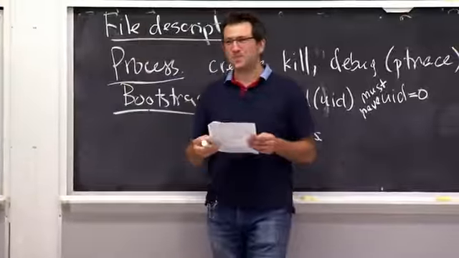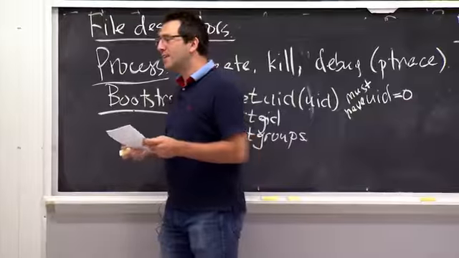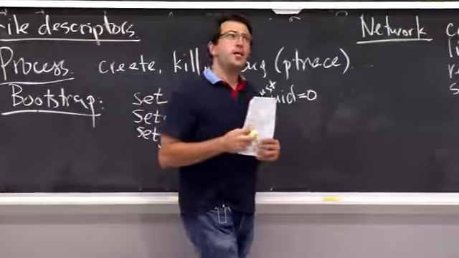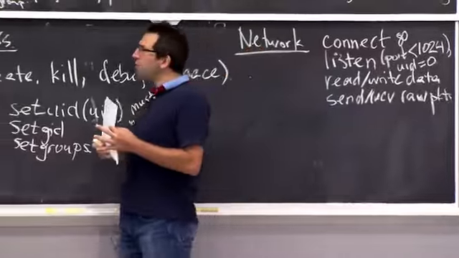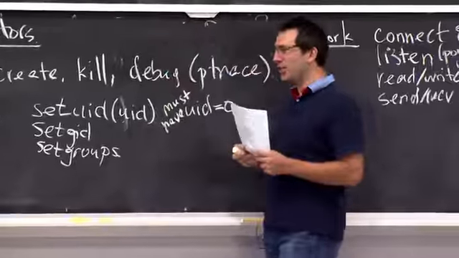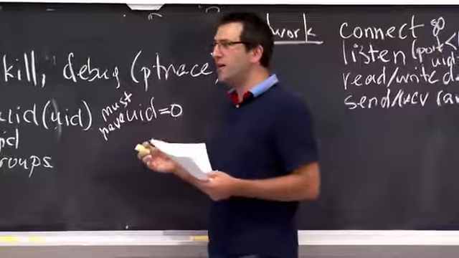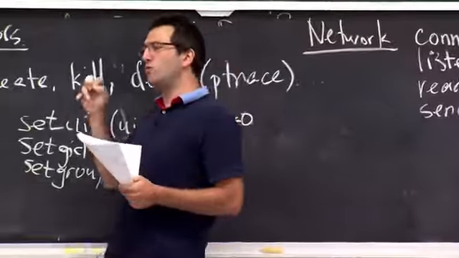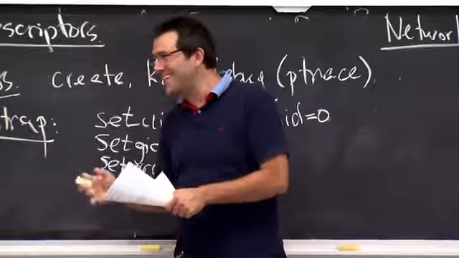Yeah? If you can change the owner of a file? Yeah, so different Unix implementations have slightly different checks for this. The general rule of thumb is only root can change the owner of a file, because you don't want to create files owned by someone else, and you don't want to take over other people's files either.